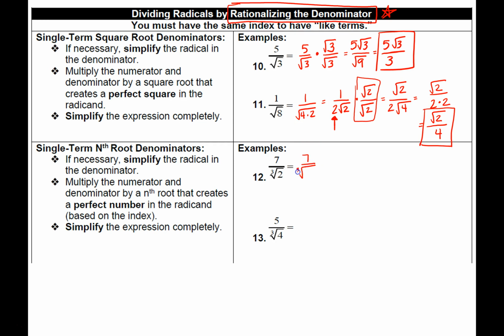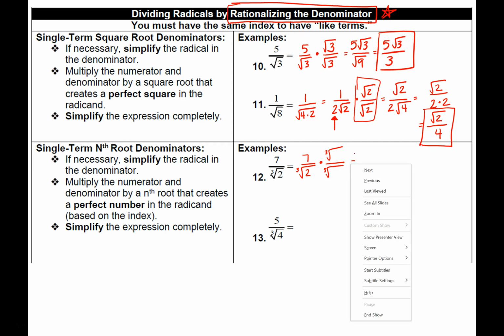So when I do this cube root and I choose to multiply by a cube root on top and bottom, I want to think about what cubes, what perfect numbers do I know that have a 2 in them? And I immediately think of 2 to the 3rd power is 8. So I want to get an 8 inside of this radical.